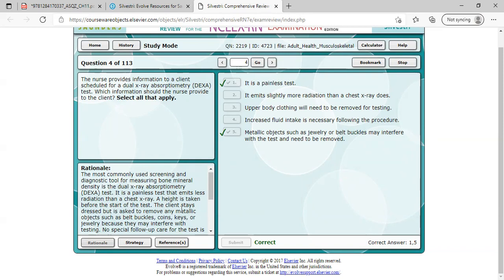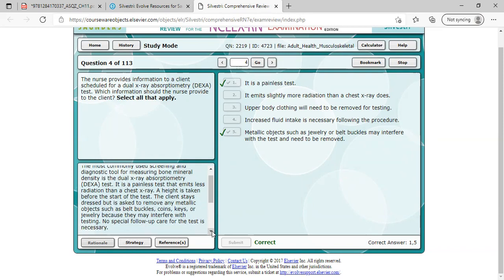The client stays dressed. The client can wear the dress, but is asked to remove any metallic objects such as belt, coins, keys, or jewelry, because they may interfere with testing. No special follow-up care for the test is necessary.